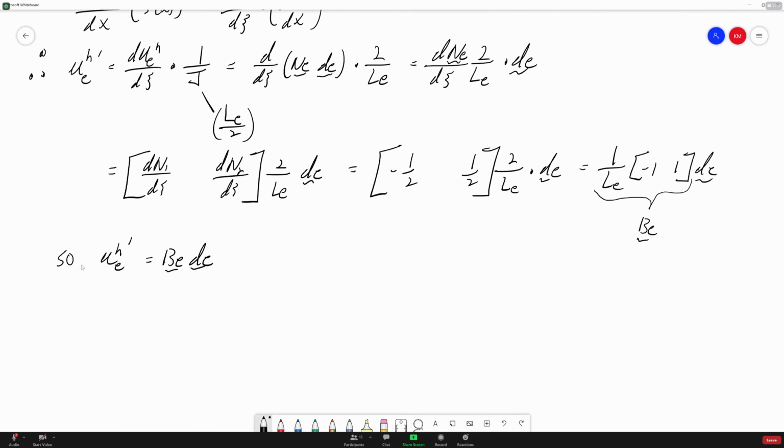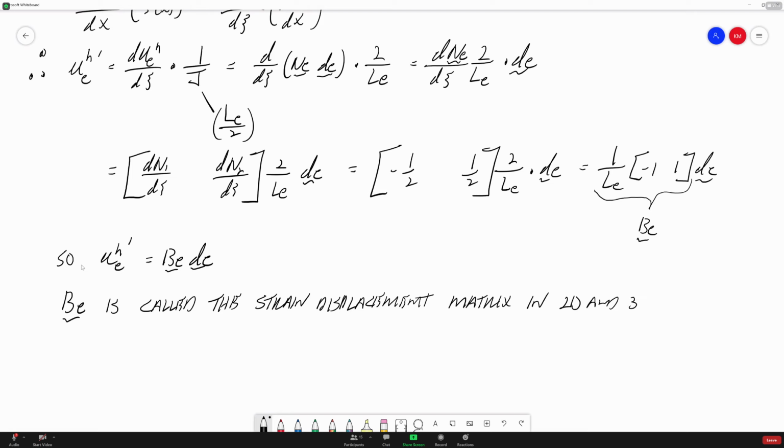And this B^e is called the strain displacement matrix in 2D and 3D.